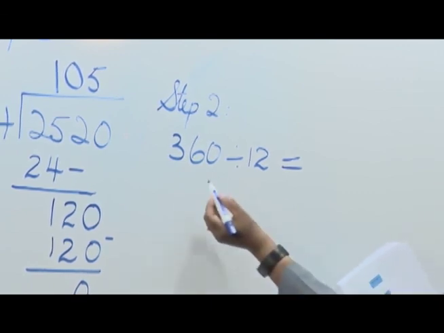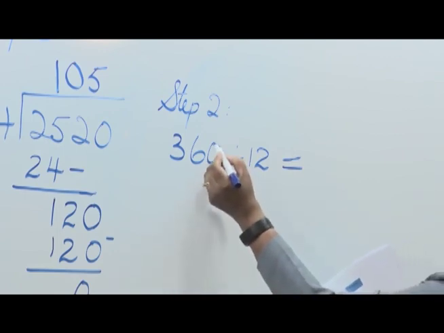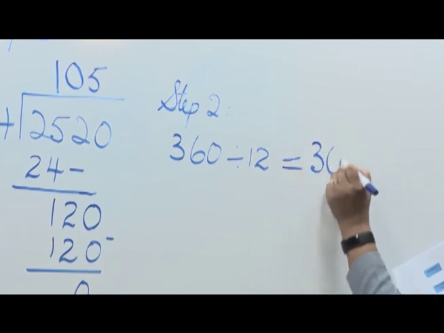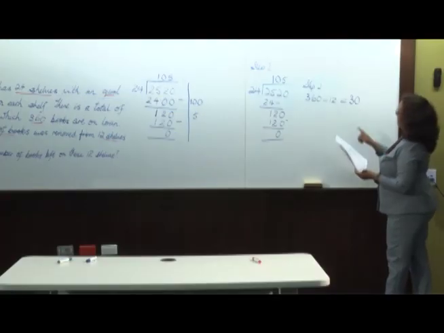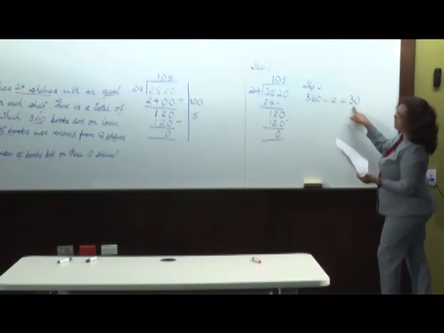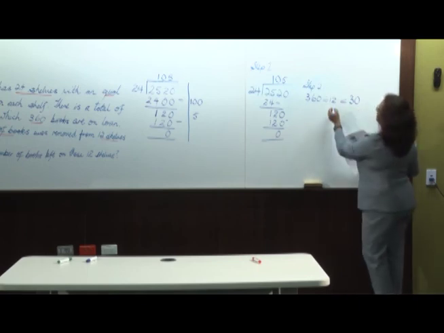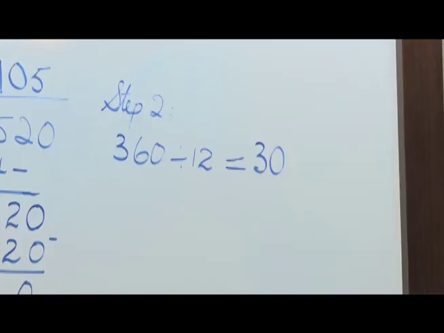I know 36 divided by 12 will give me 3. Therefore, 360 divided by 12 will give me 30. So what is 30? 30 is the number of books that were removed from each of the 12 shelves and that were given out as loan.